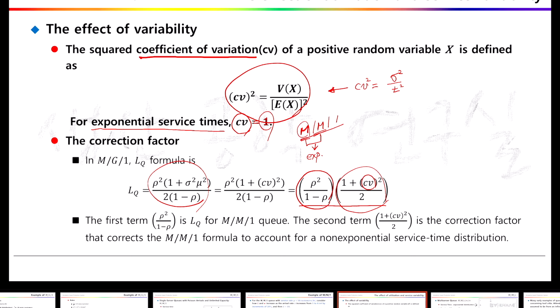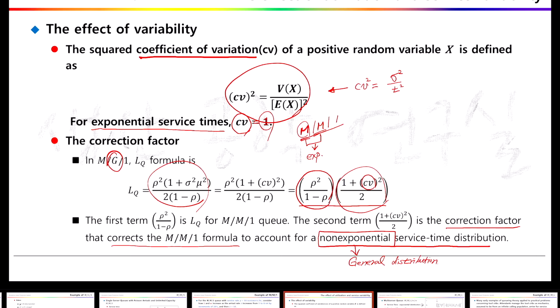So this is the correction factor that corrects the MM1 formula to account for a non-exponential service time distribution. Here, non-exponential means the general distribution. So this is the only correction factor.